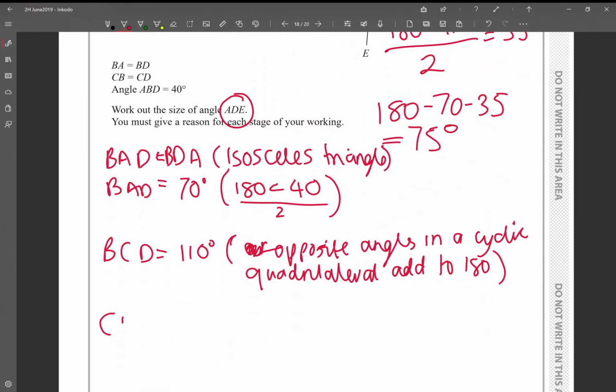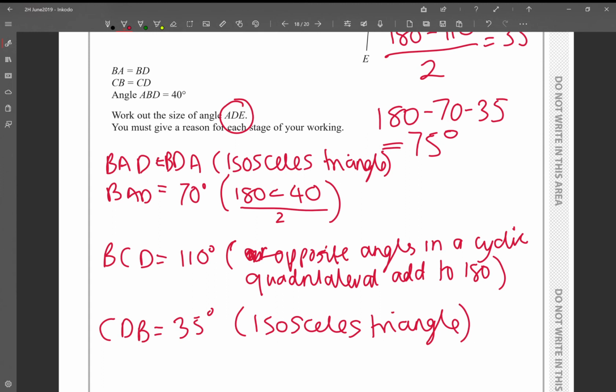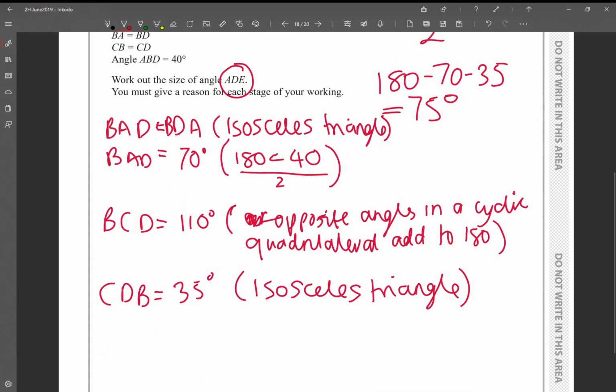so CDB equals 35. Again, I would write isosceles triangle. Because of isosceles triangle, you could do the calculation, but you don't need to. That's all up here. You've kind of done that already.